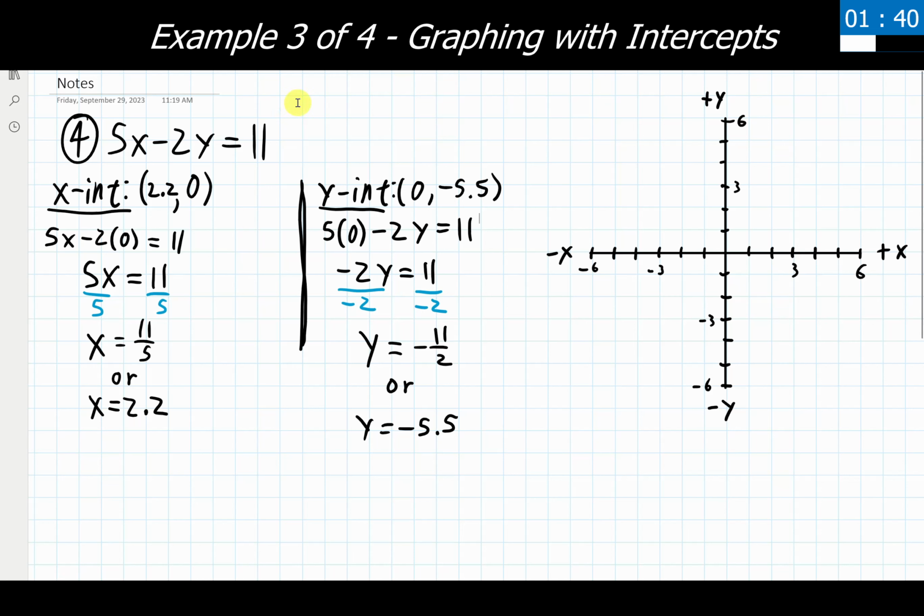Oh, right. So we have our 2 points here. We have 2.2, 0 and 0, negative 5.5.